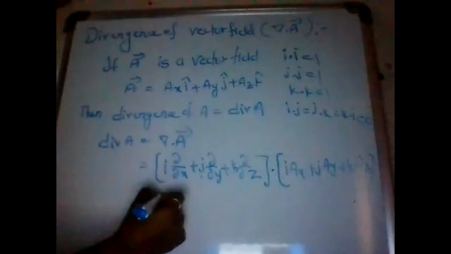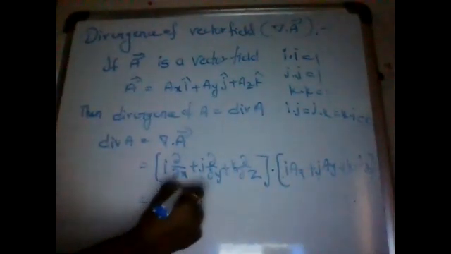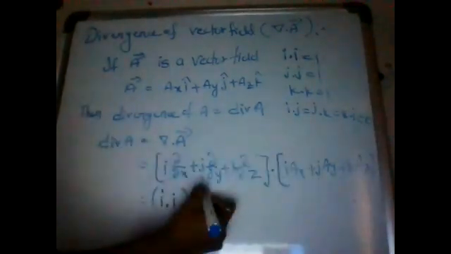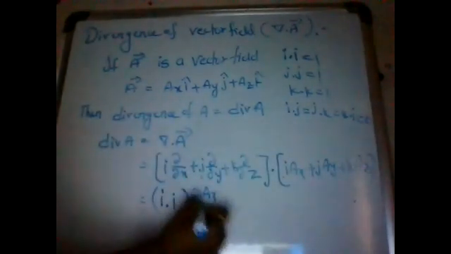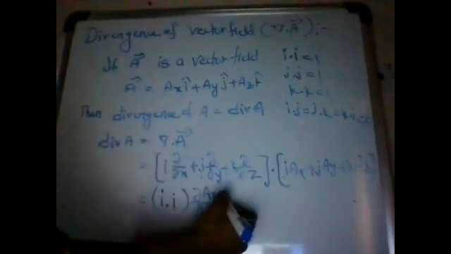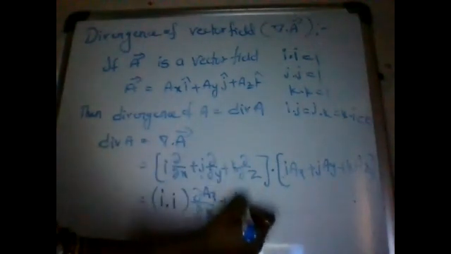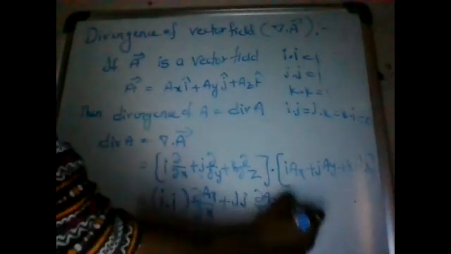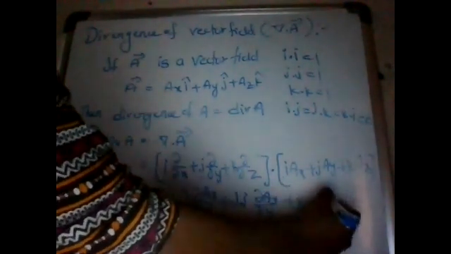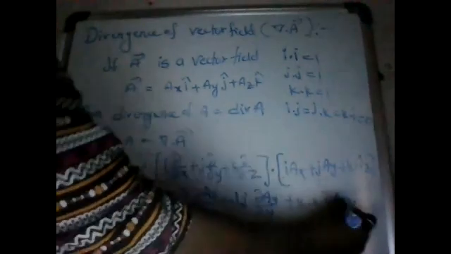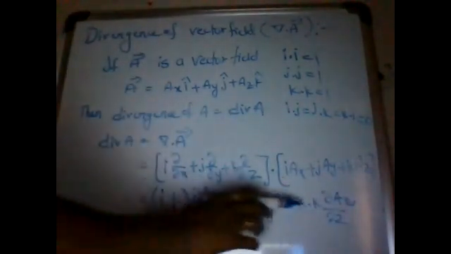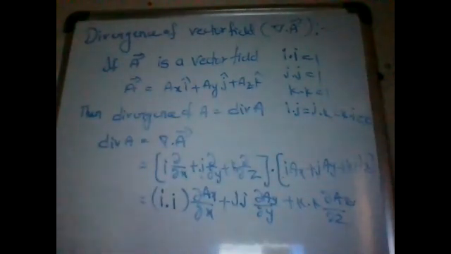From these rules, i dot i into dou A suffix x by dou x plus j dot j into dou A suffix y by dou y plus k dot k into dou A suffix z by dou z. Here i dot i equals 1, j dot j equals 1, k dot k equals 1.